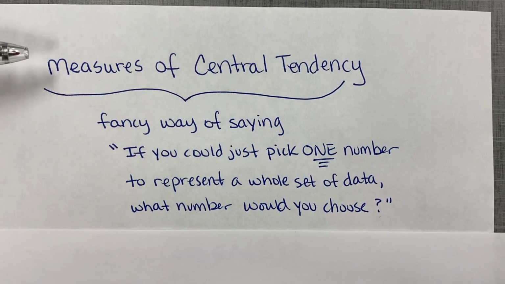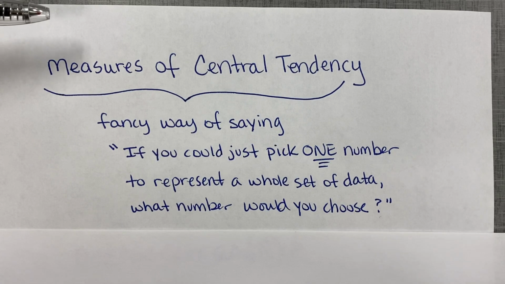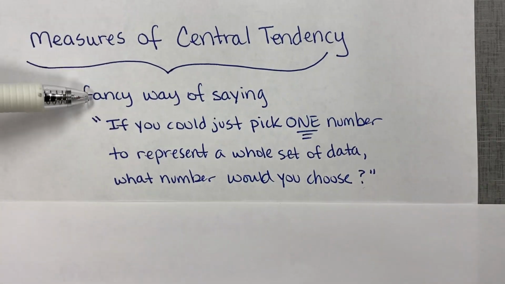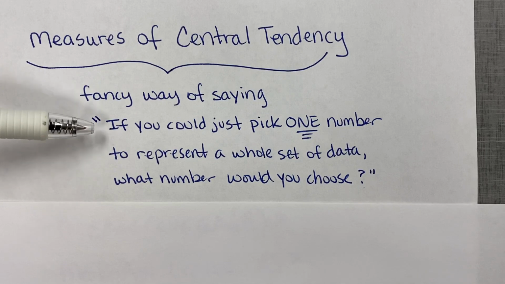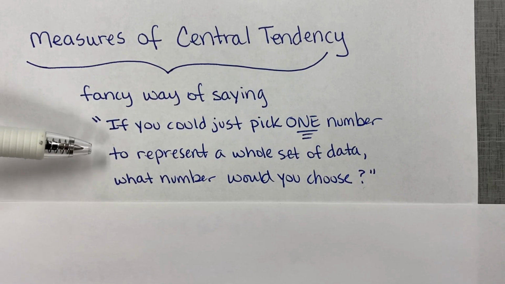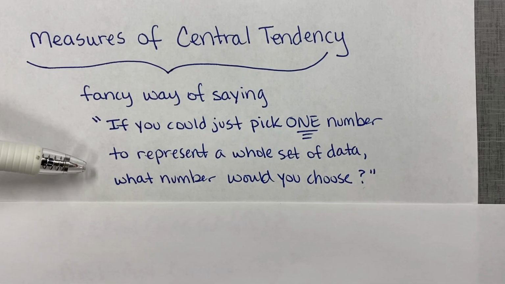Now, we have been calculating measures of central tendency the last few days when we were finding mean, median, and mode. So let's review. What is a measure of central tendency? Well, it's just a fancy way of saying, if you could pick one number to represent a whole set of data, what number would you choose?